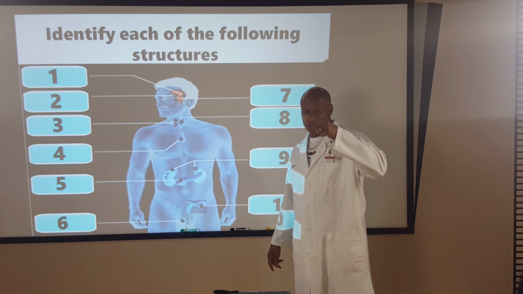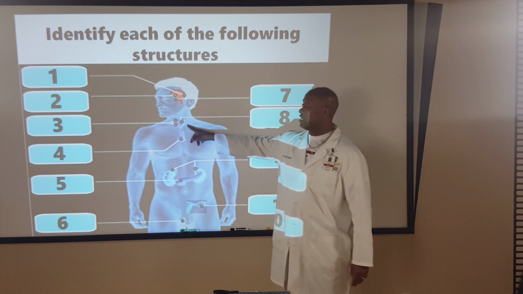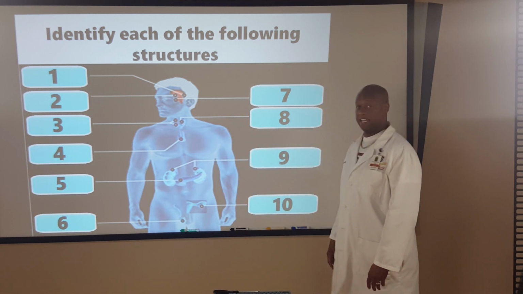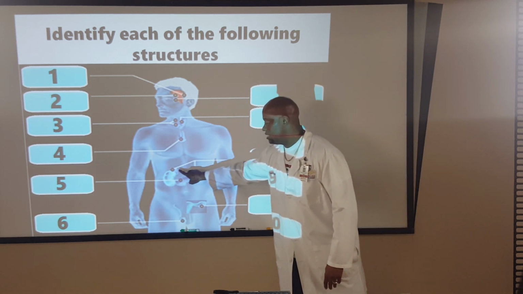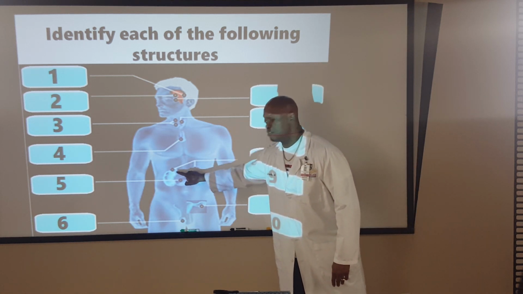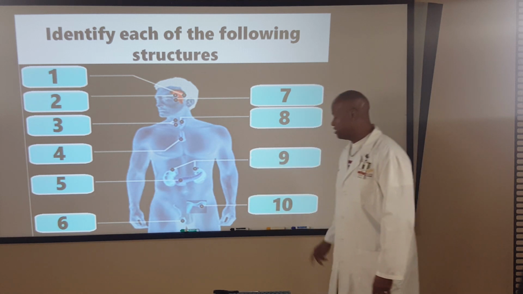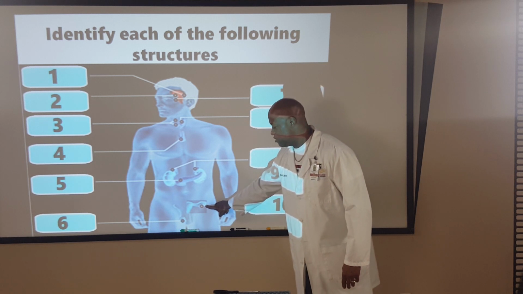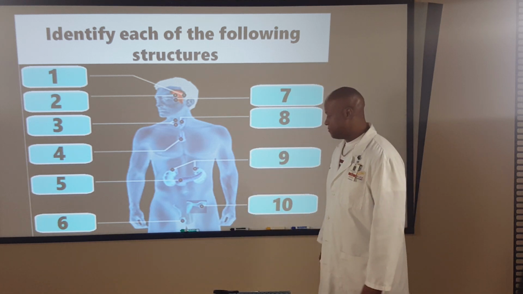It's pointing at 2 sections at once, and then 8 is pointing at its own part right there. 9 is pointing at these 2 structures at the top of the kidney, so 9 is pointing to both of those. 10 is pointing to this structure here in the pubic pelvic area.